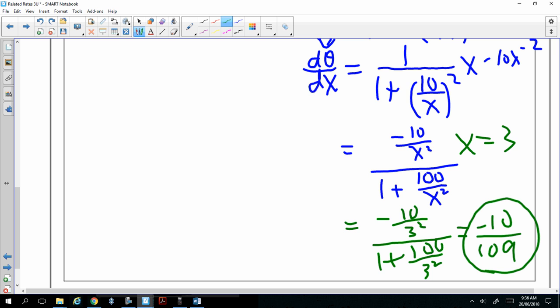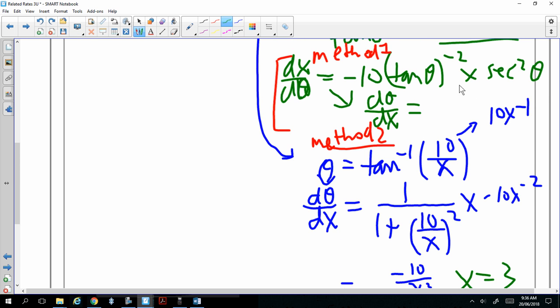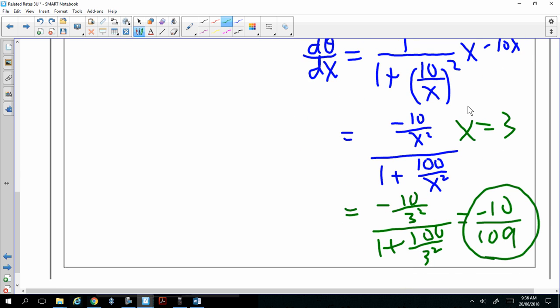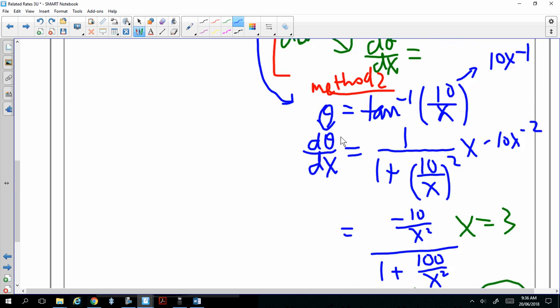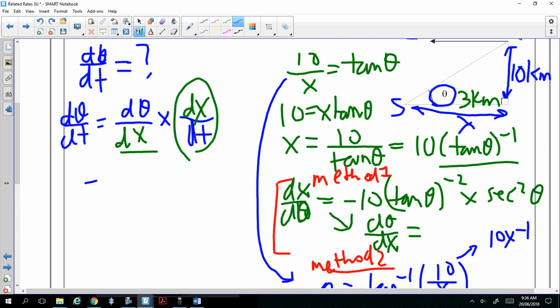Okay, let's substitute that. Negative 10 over 109 times dx/dt, which is negative 900, and then we'll just do it. So times by negative 900, you get 9,000 over 109, which is positive.